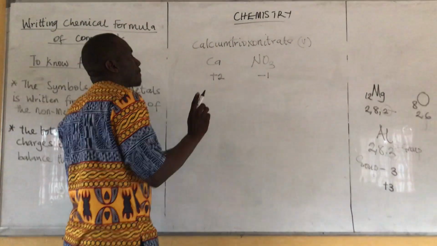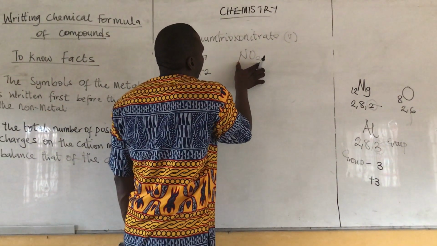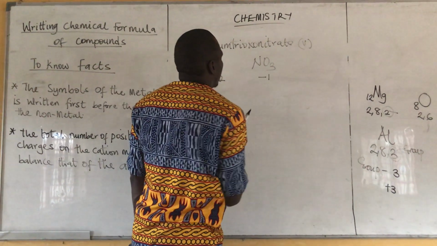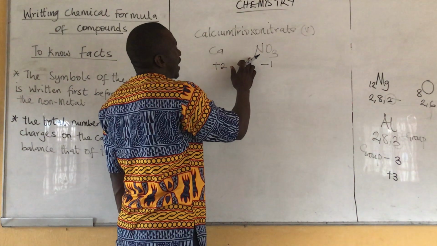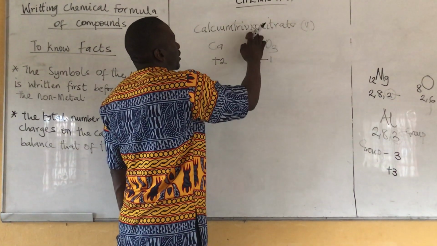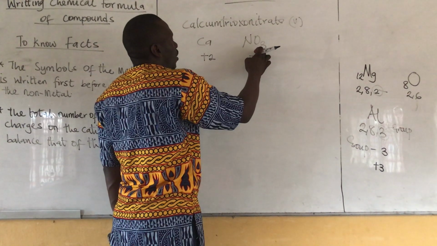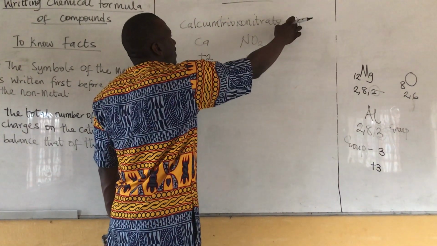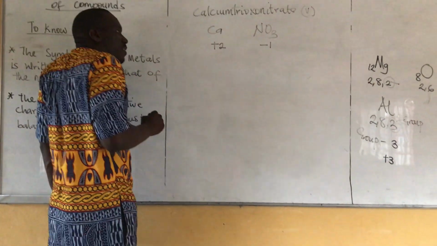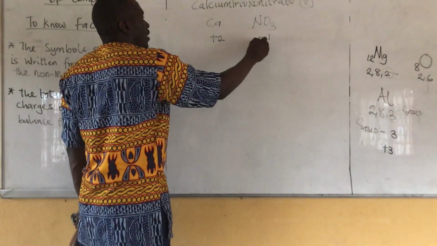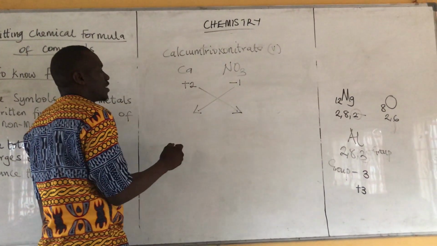You remember in the previous episode we taught ourselves how to get the valencies of the radicals without cramming. Let's quickly remind ourselves. NO3, trioxonitrate 5. 2 multiplied by 3 is 6. How can we get 5? Minus 1. That is how we get 5. Now exchange the valencies.